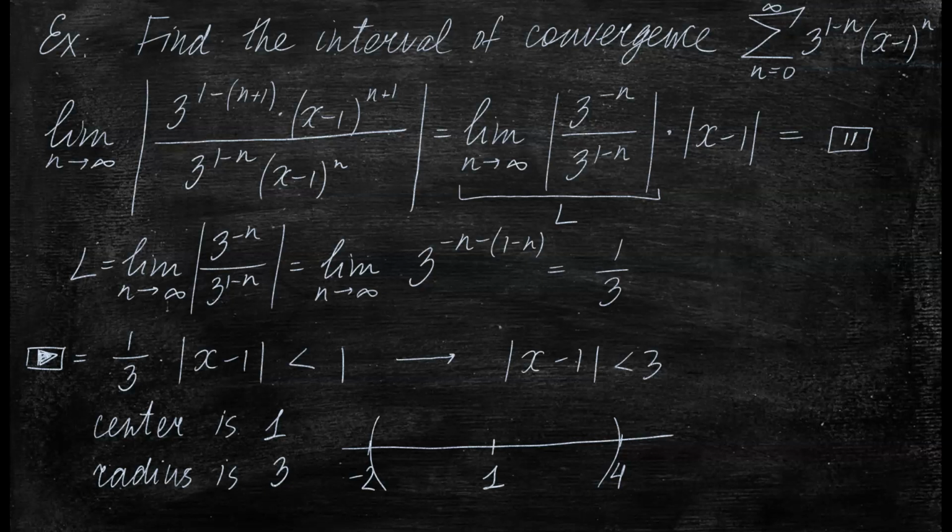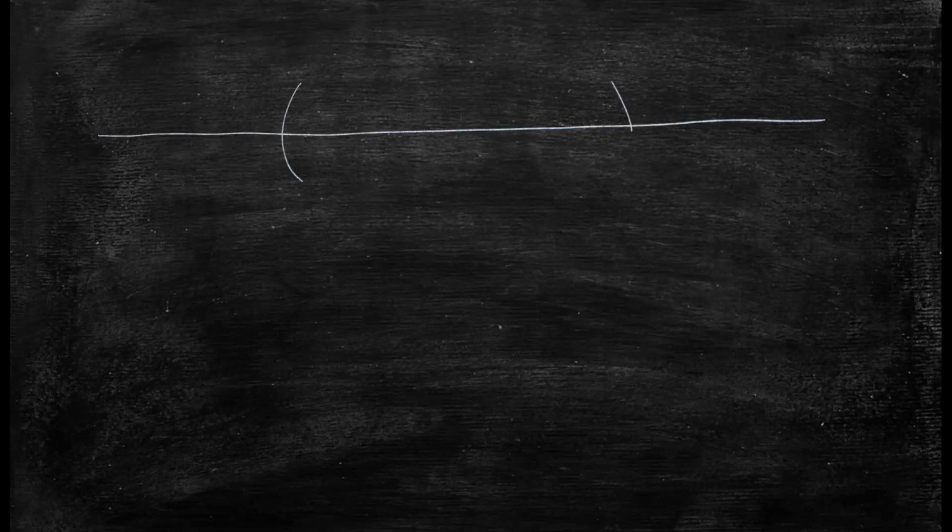let's hold on to that for a second, but we know that this particular series converges for all the values between -2 and 4. However, what we don't know at the moment, so this is where we're at. We know that the series converges here.